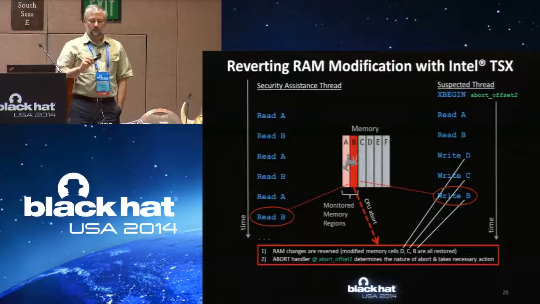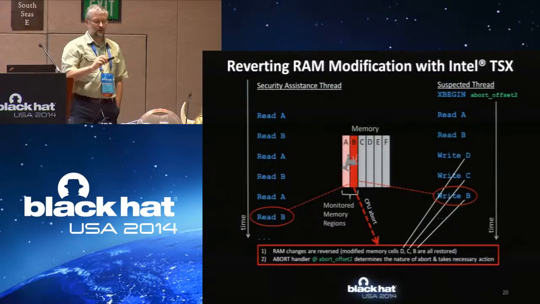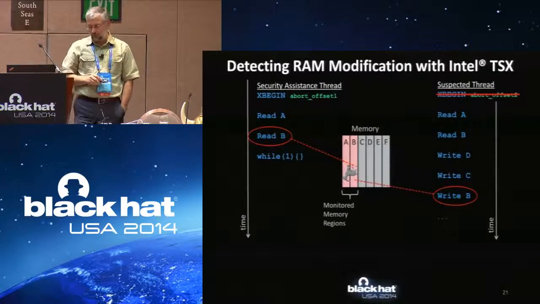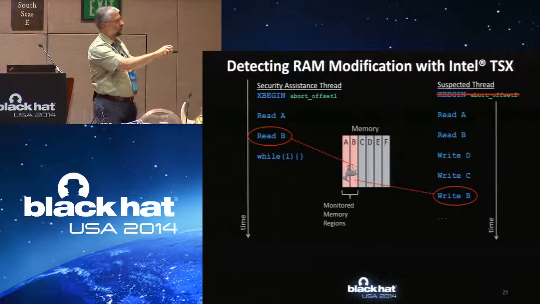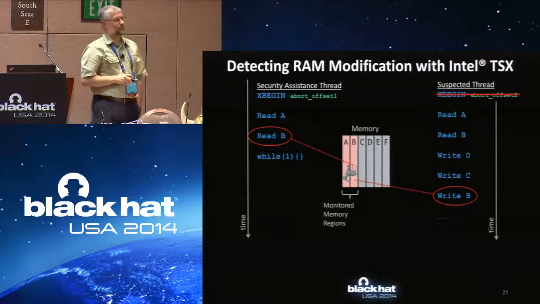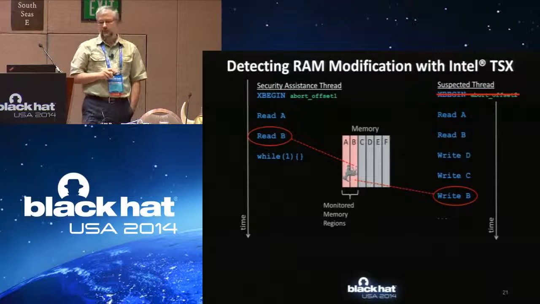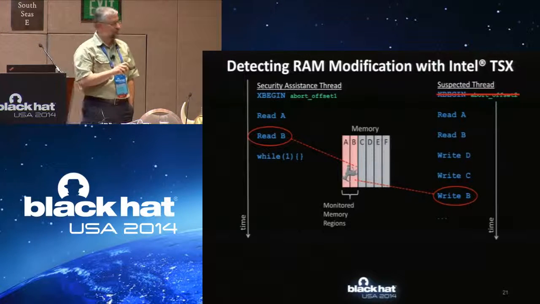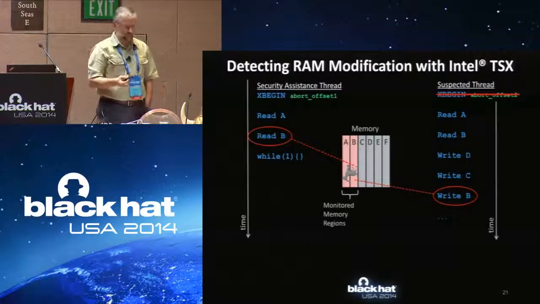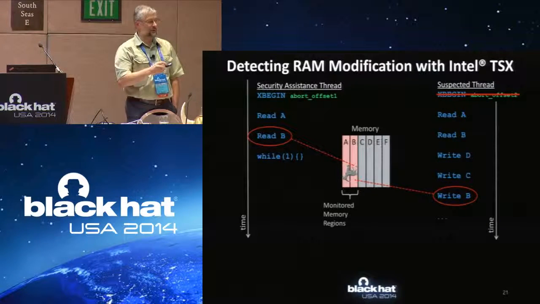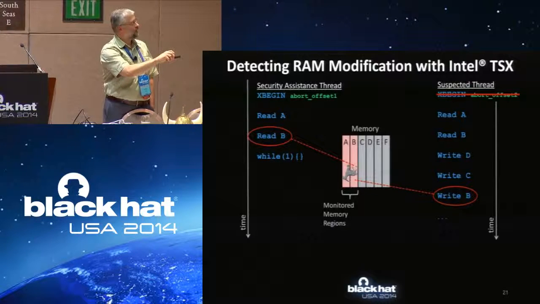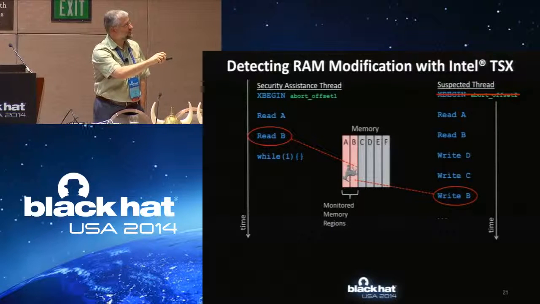But you can execute the same transaction in a slightly different way. If you don't inject XBEGIN into a suspected thread, you can still detect changes that it's doing to what you protect, only without memory reversal. And that's done again with asymmetrical launching of transactions.